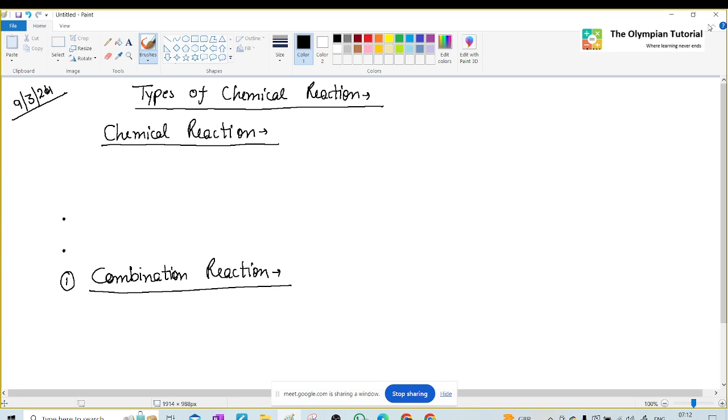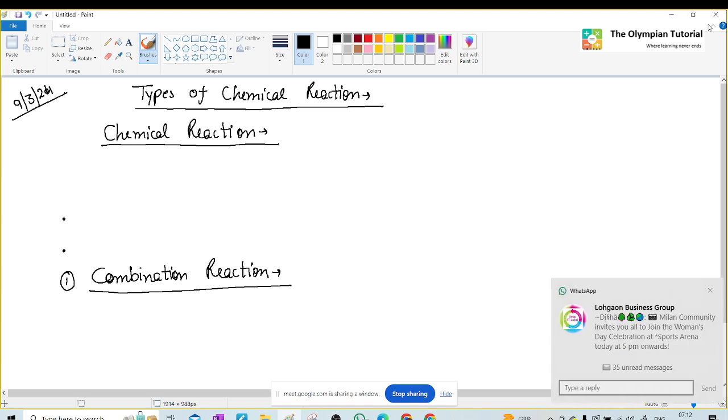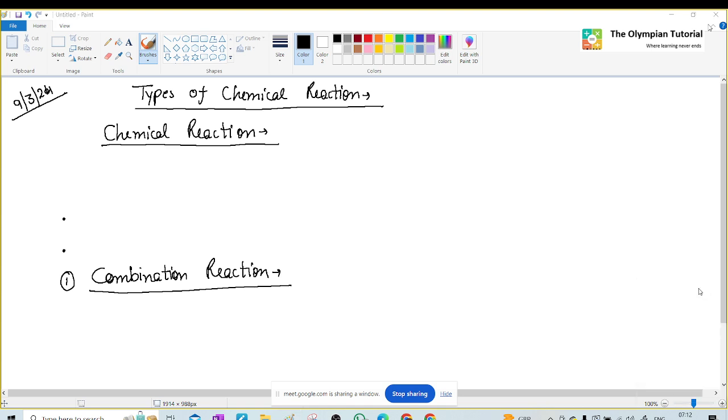When two or more substances, in bracket elements or compounds, combine to form a single product, the reactions are called combination reactions.